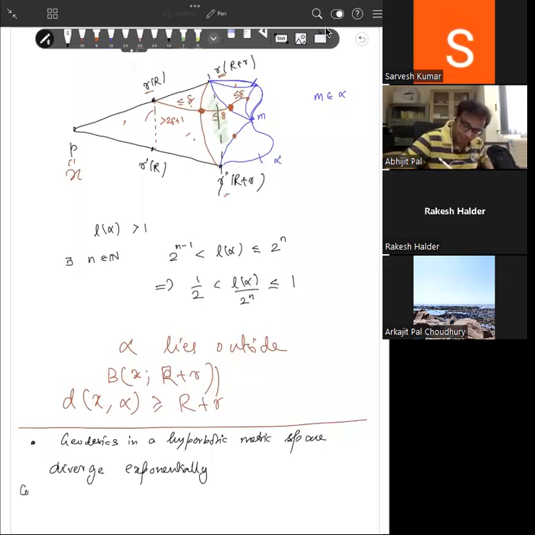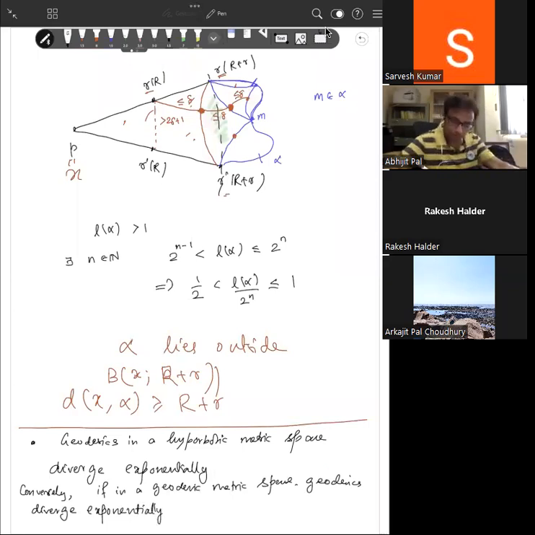So conversely, if in a geodesic metric space, geodesics diverge exponentially, meaning that there exists a divergence function for geodesics which is exponential, then if I call it X, X is a hyperbolic metric space.